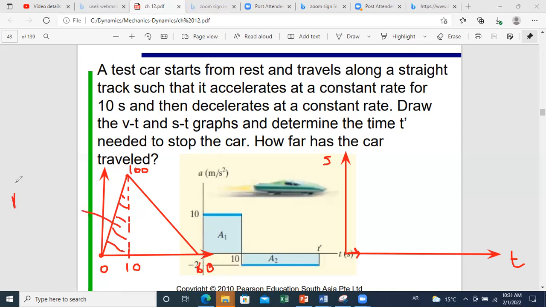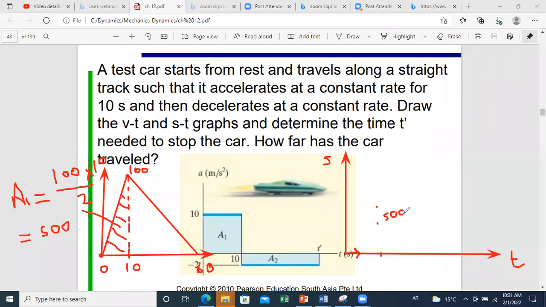So area 1 equals 100 times 10 over 2, which equals 500, as expected, because we have demonstrated together that delta S in phase 1 is 500 meters. Since I'm starting from 0, at 10 seconds the value of S will be just 500. So let me put it here to be on scale a little bit. Let's say this is 500 meters.